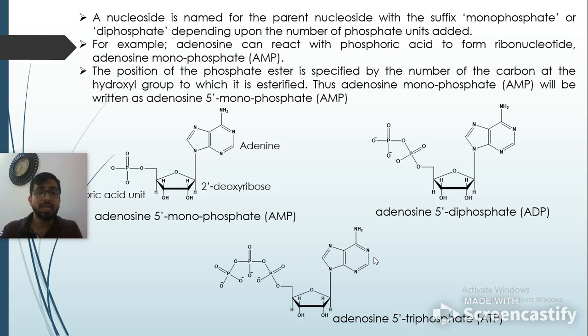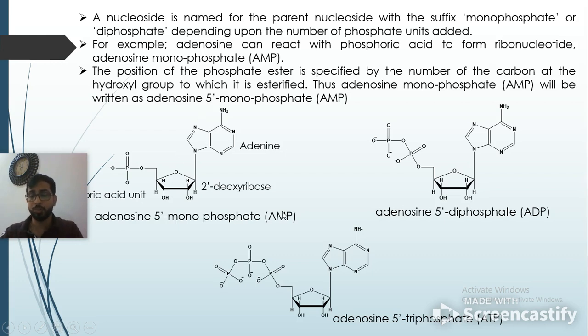For example, in adenosine, we have seen the structure of adenosine in the previous slide. There is one phosphate group attached to the 5' carbon. So this can be named as adenosine 5' monophosphate. This 5' represents the position of the phosphate group attached to the system.